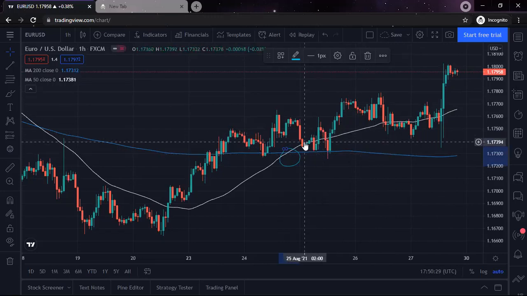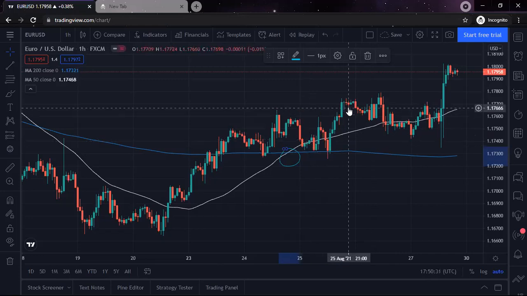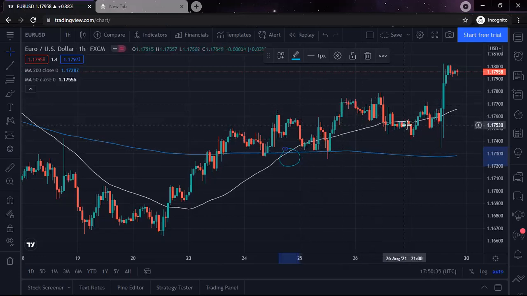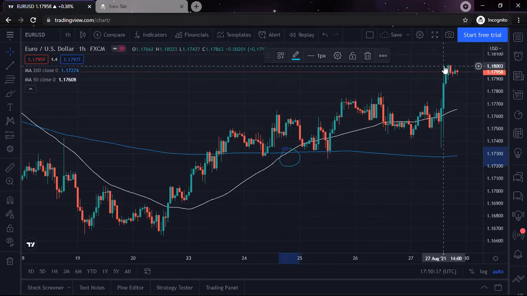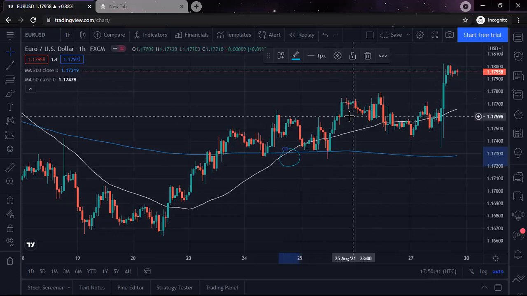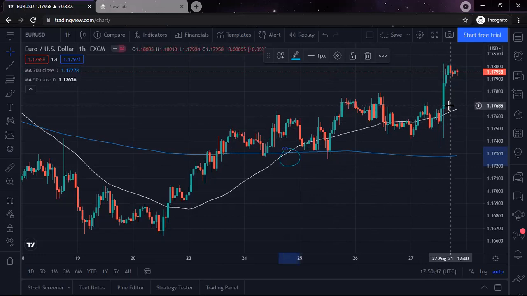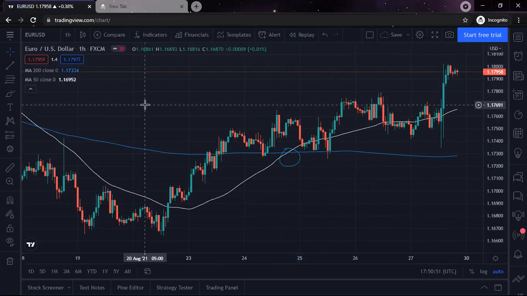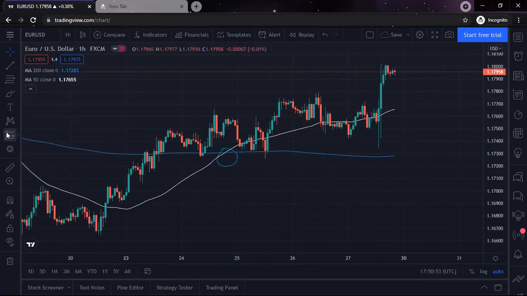And over here, you can see you can have a nice one from here to here. From here to here, nice one. So let's say 2 trades, then you are good to go from, let's say, 25th of August to 27th of August. You've gotten 2 nice trades. Let me use the pip calculator to calculate something right here.